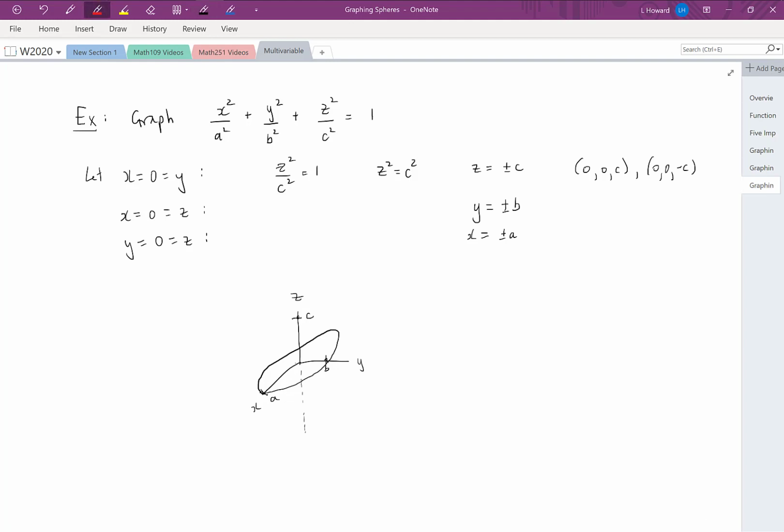So in the yz plane, I'm going to switch to a different color now. Let's do this in red. In the yz plane, we're passing through this point here, this point there, and we want to bring some symmetry into this picture, so we know we're passing through a y-intercept of -b and a z-intercept of -c as well. So we'll just draw what looks like an ellipse in the yz plane passing through those 2 points.